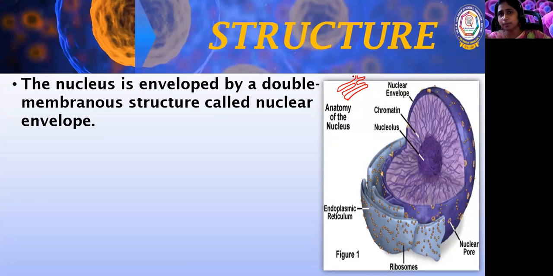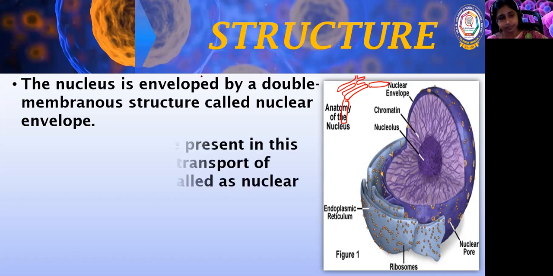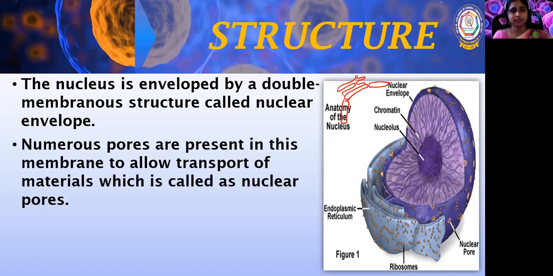And this nuclear membrane has tiny pores. It is not in a continuous form. There is a gap like this and then another structure, and again there is a gap and a structure. That gap you call a pore, a nuclear pore. So the nucleus is enveloped by a double membranous structure called the nuclear envelope.